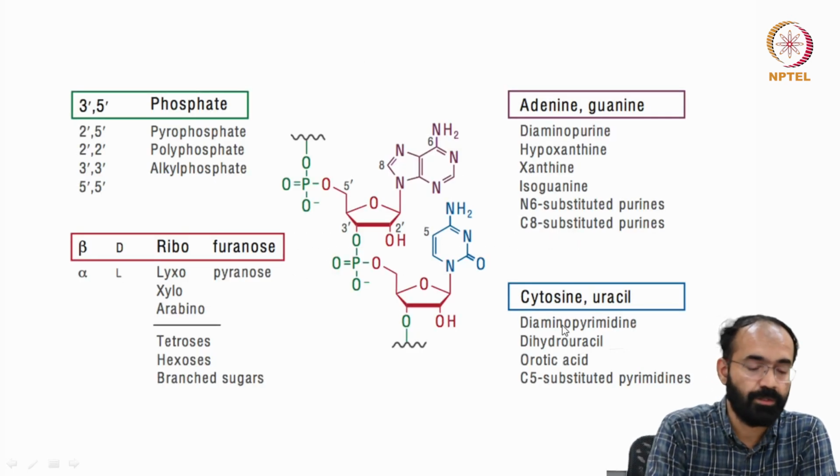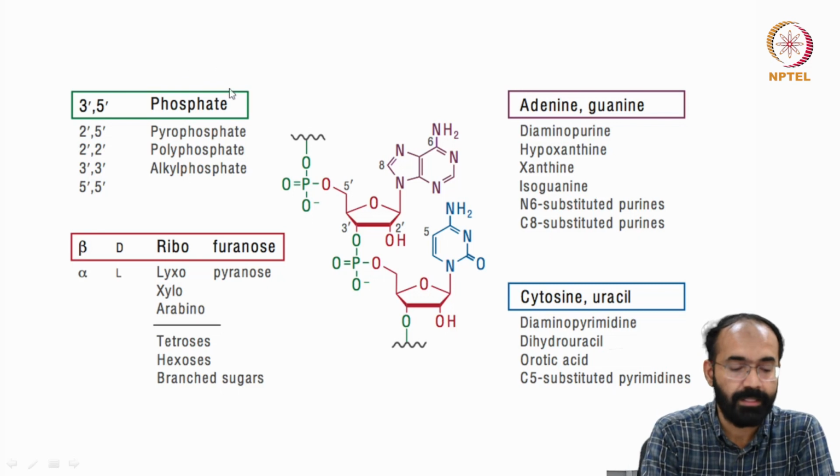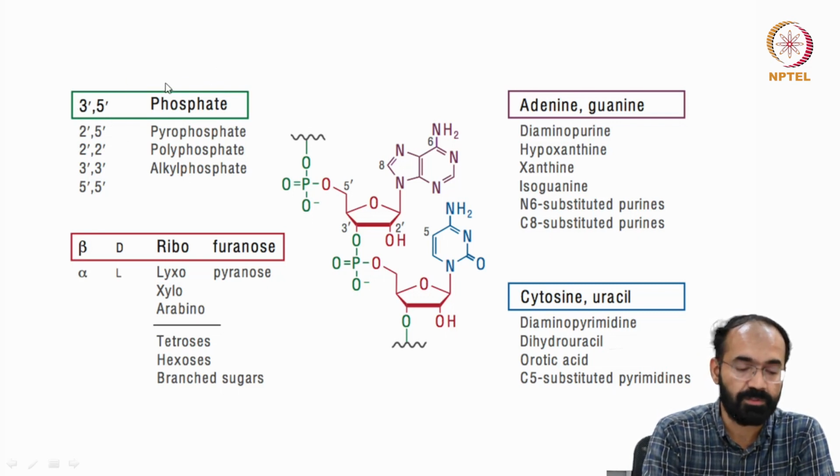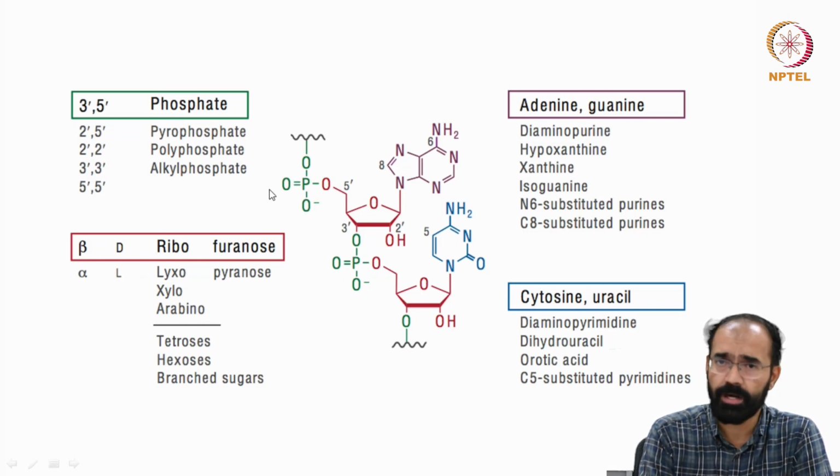If you look at the top of this left panel, a few molecules are kept in boxes. That is 3' 5' phosphate, and you also have 2' 5' pyrophosphate, 2' 2' polyphosphate, 3' 3' alkyl phosphate, and so on and so forth.